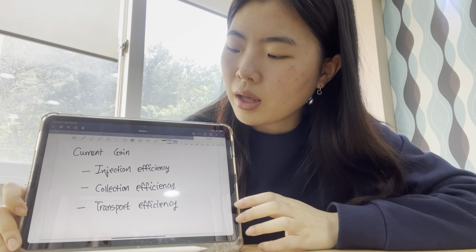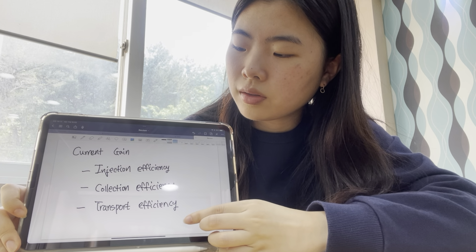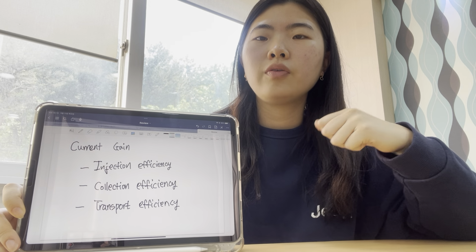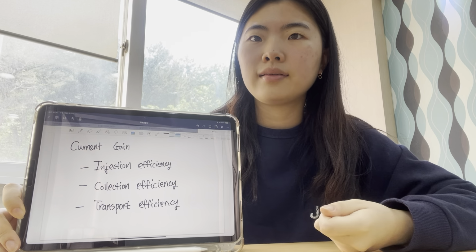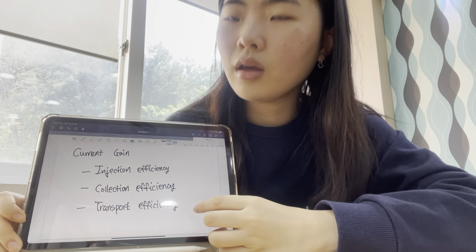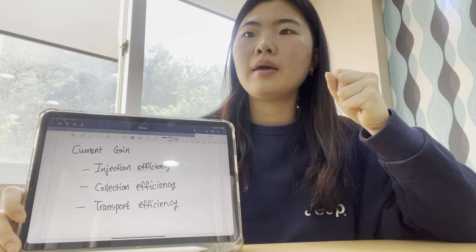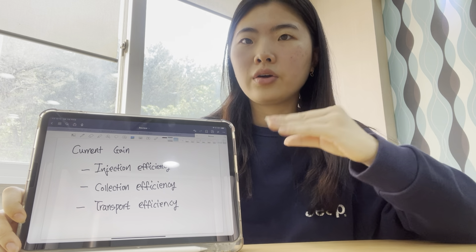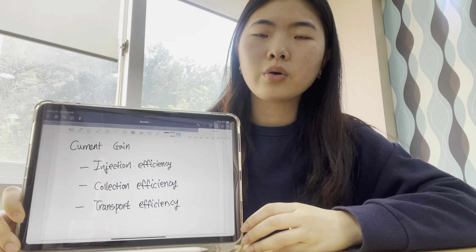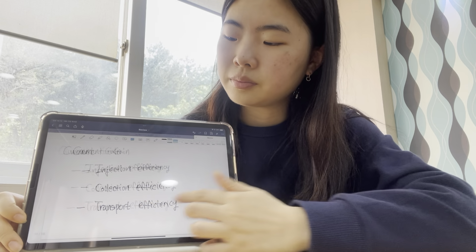Transport efficiency means that if we make the base thinner, the current flow will be higher. So if we make it thinner or heavily doped, the current will flow differently.